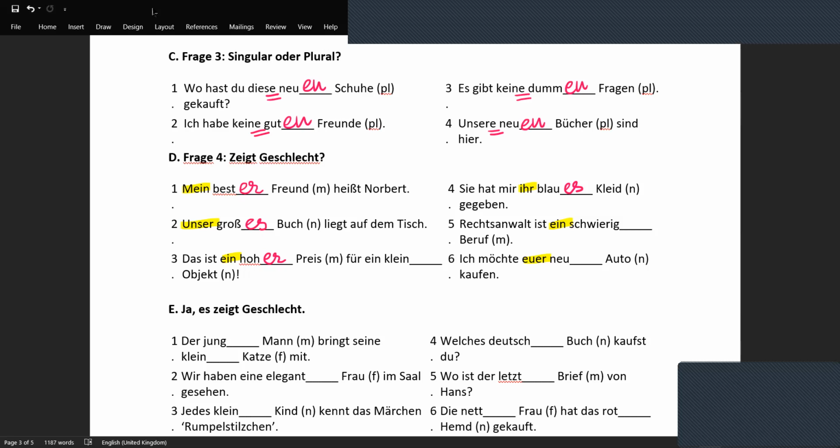It's nominative masculine. Mhm. Nominative, table 2, masculine. It's es. I'm sorry, er. Yeah. Okay, and then Geschwister. Neutral means es.